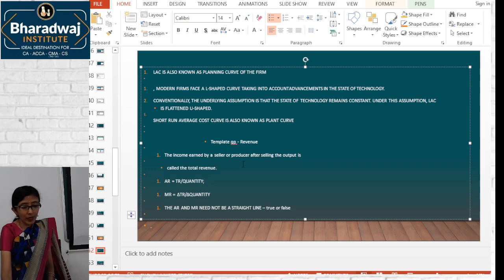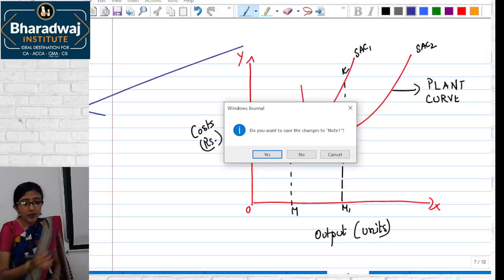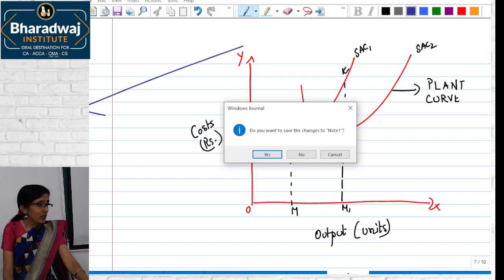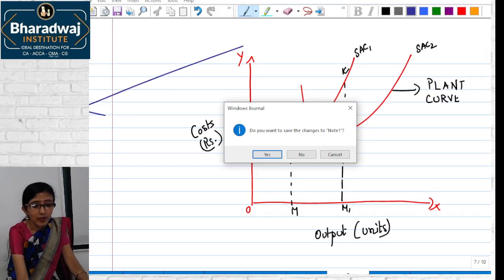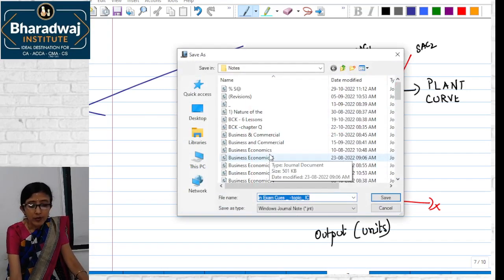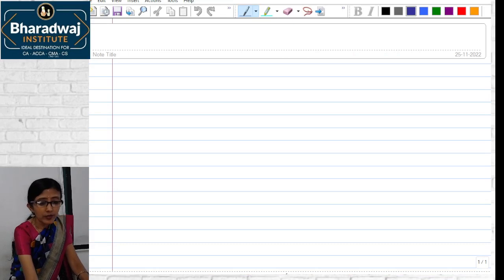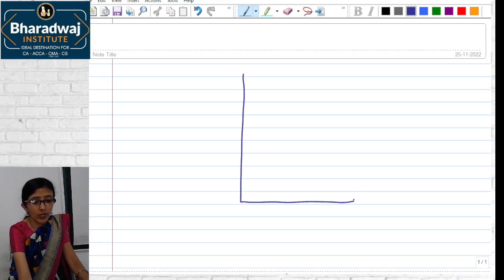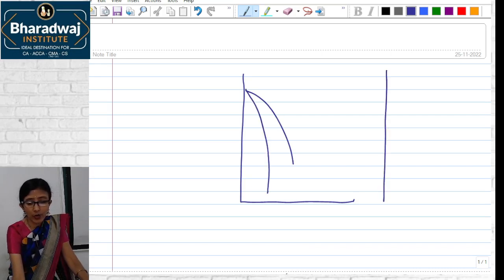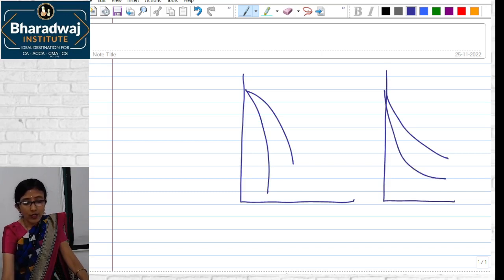AR and MR, look at this, need not be a straight line. True, isn't it? See, the revenue curve can be like this. I think those diagrams I would have given you in the book. It can be like this.